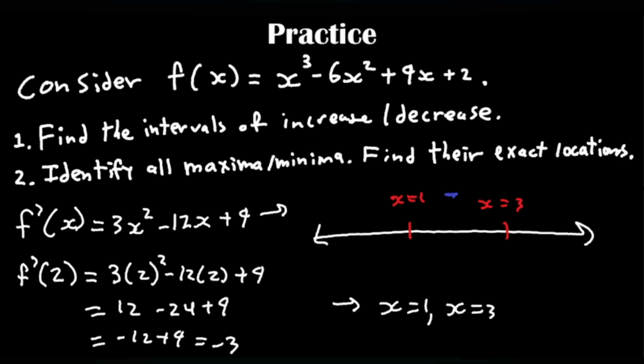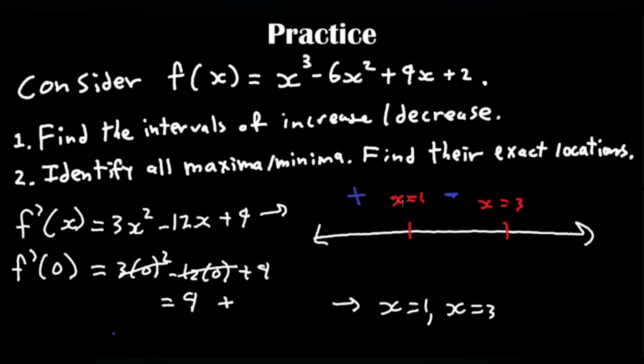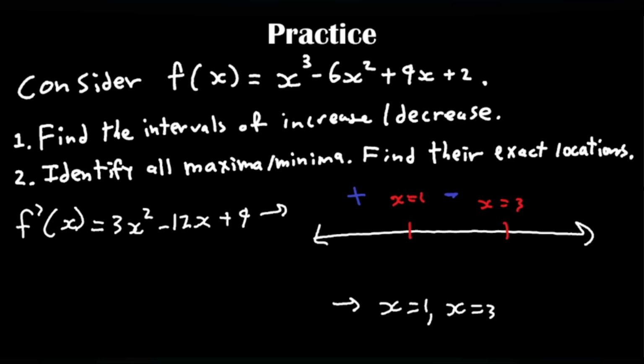So now let's plug in a test point below x equals 1. Let's try 0. So f prime of 0, that's 3 times 0 squared minus 12 times 0 plus 9. Both these terms are just going to be 0, so we just get 9, which is positive, meaning that our first derivative is positive for x values less than 1. Finally, if we plug in an x value greater than 3, let's try x equals 4.